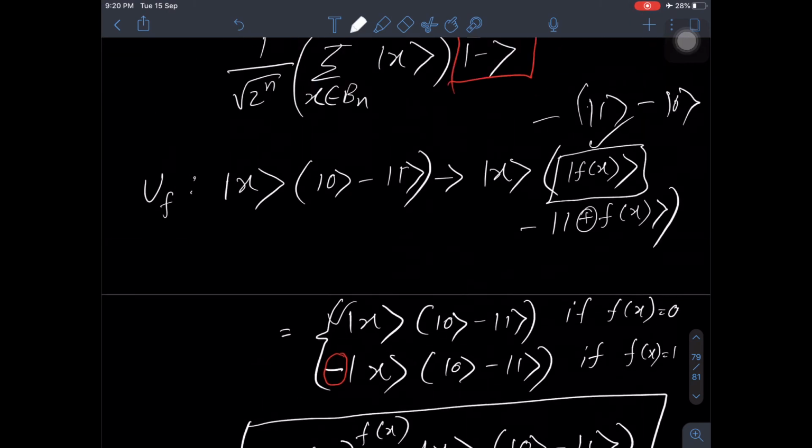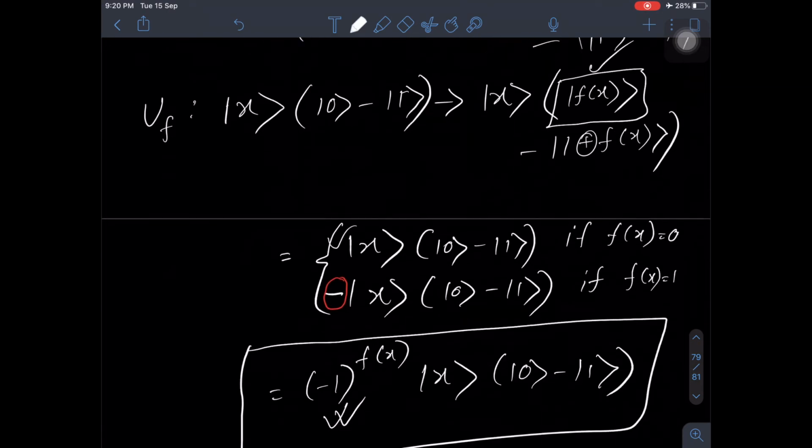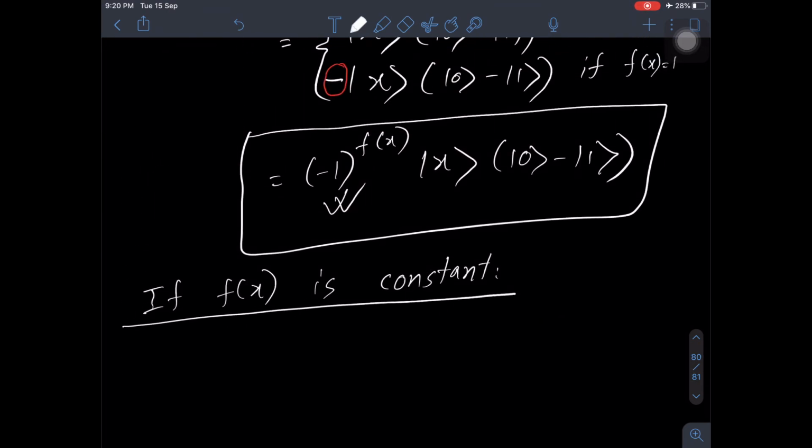Then what you're going to get in the end, because if you act on h twice, it will give you the same state. So you started with n zeros, you will end up with n zeros if f of x is 0.